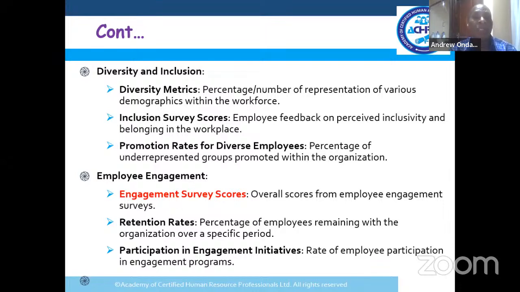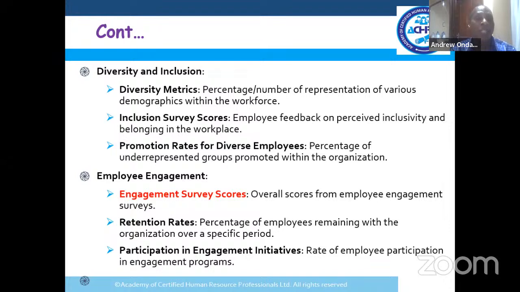Diversity metrics look at the percentages or numbers of people represented from those different categories of people, such as demographics, or two, inclusion surveys, because some people may feel that they are not part of the organization because they are not involved in decision making. This may discourage them and also reduce their levels of commitment and engagement with the organization.